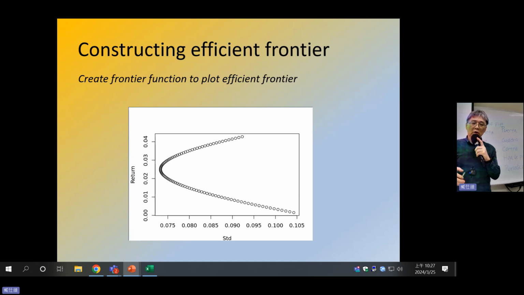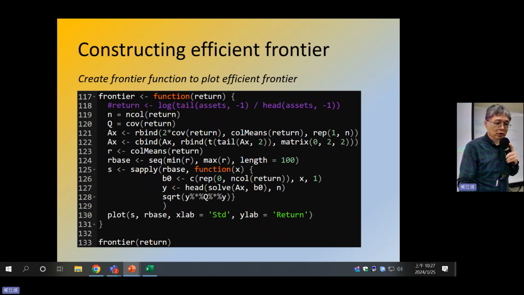In this coding, you can see we are just following the same codings in the upper part, as we have discussed in finding the GMVP. But here we just create a sequence of returns.